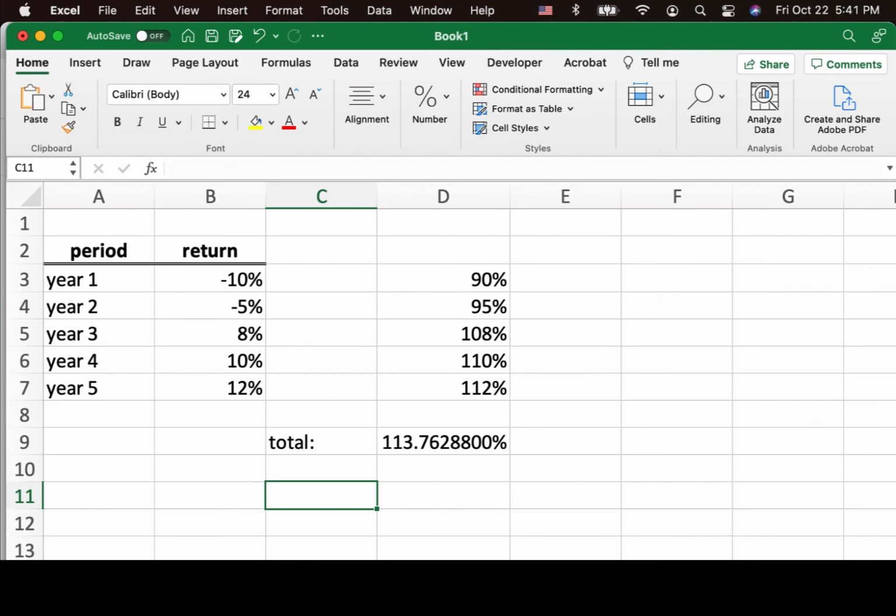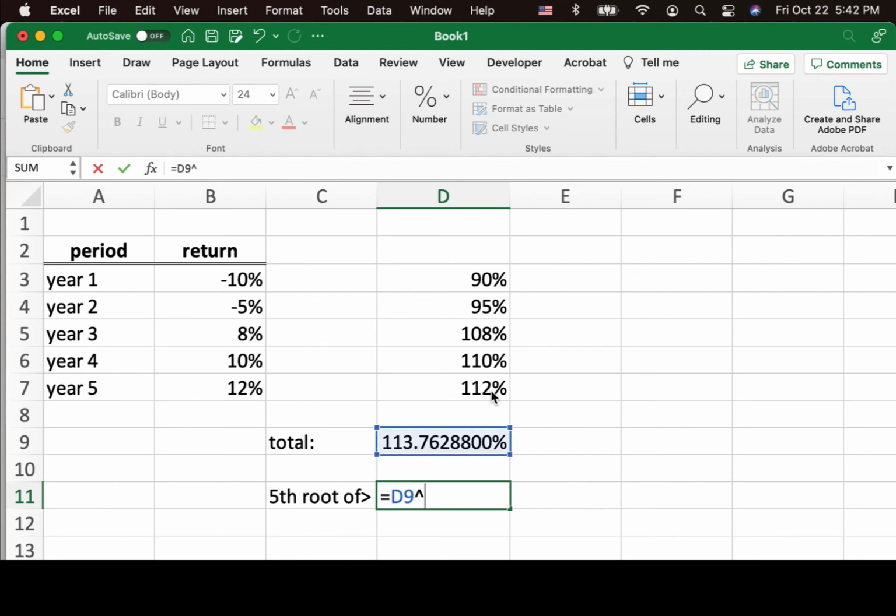So I want to figure out what is the 5th root of this number, and the way I could do that would be simply to take the 5th root of this. So I don't have a 5th root key or 5th root function in Excel, but I can just take that number and raise it to the 1/5 power, 102.6.